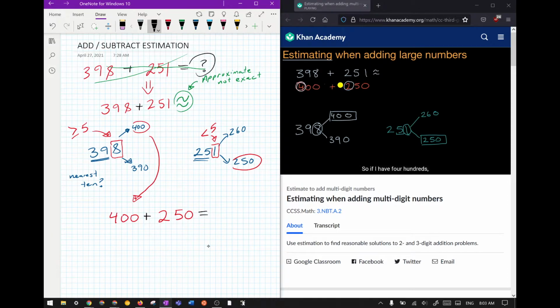So if I have 4 hundreds and I'm adding it to 2 hundreds, well, that's going to be 6 hundreds. And if I have 0 tens, and if I'm adding it to 5 tens, well, I'm still going to have 5 tens. And then I have 0 ones in either case, so I'm still going to have 0 ones. And so there you have it. We were able to estimate 398 plus 251 as being roughly 650.